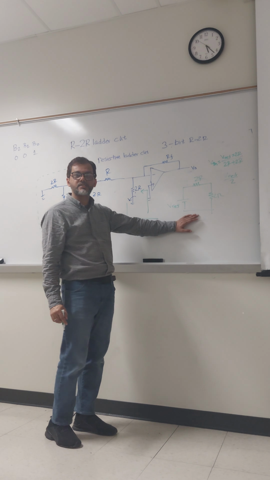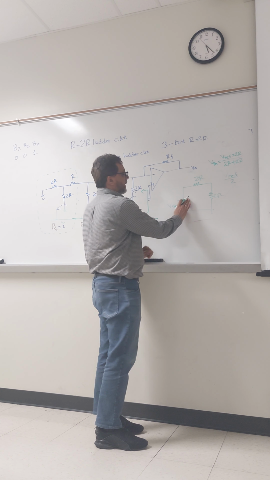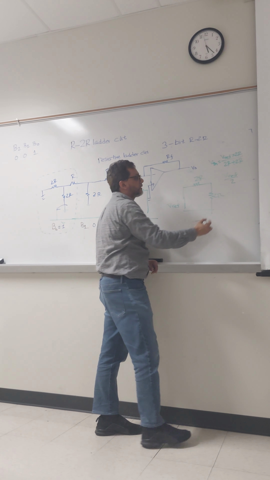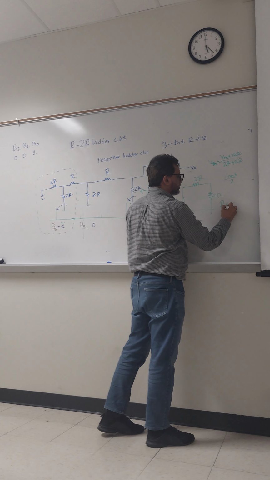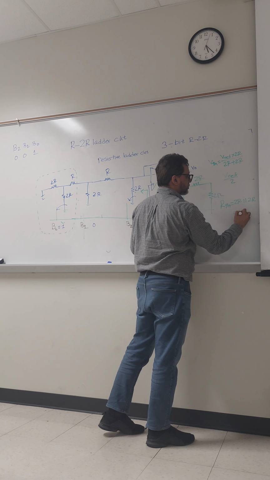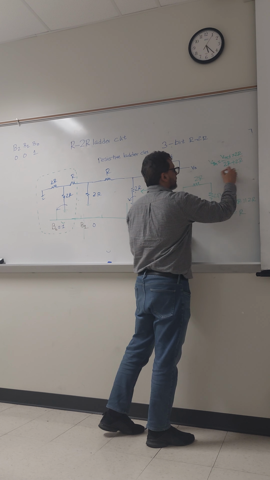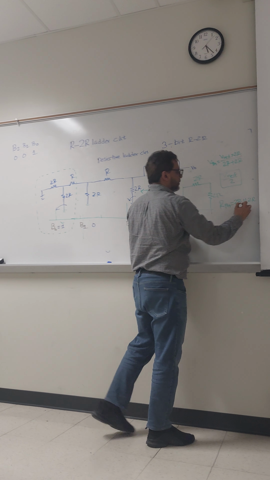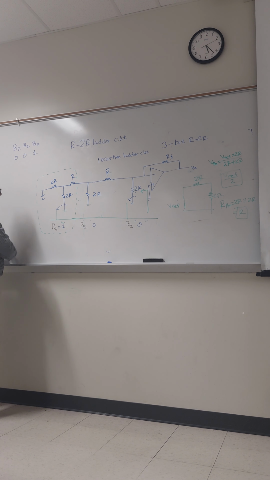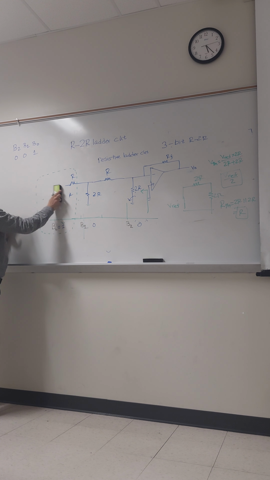What about RTH? To get the RTH, we need to short the source, leaving twice R parallel twice R. So RTH will be twice R parallel twice R, which equals R. Okay, so this is for this portion, right? Now I can remove this portion here.